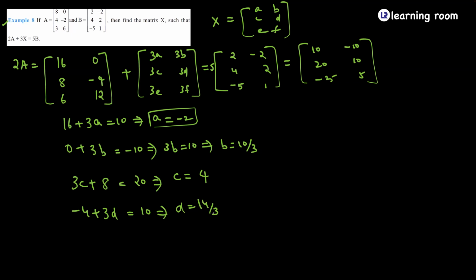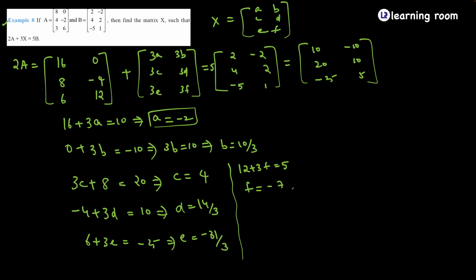Right. Similarly, 6 plus 3e is equal to minus 25, which implies 3e is equal to minus 31. So e will be minus 31 by 3. 12 plus 3f is equal to 5. So f will be equal to 5 minus 12, which is minus 7.